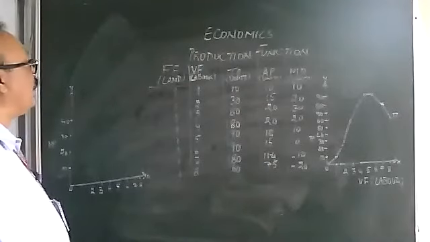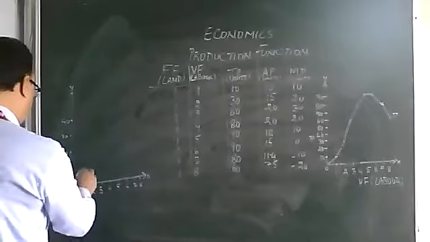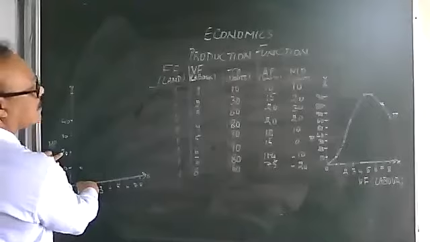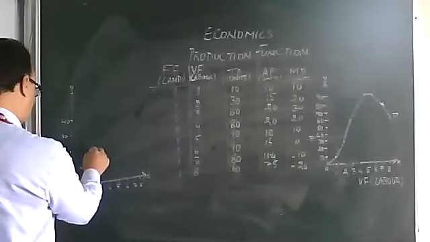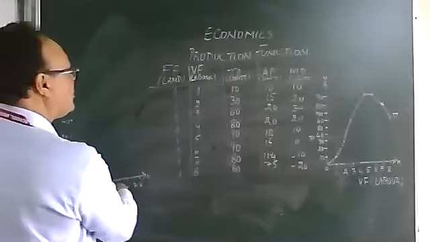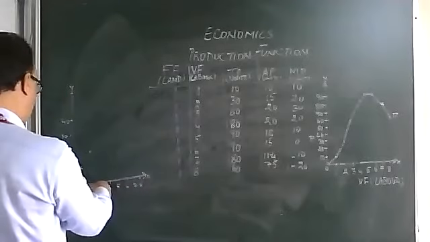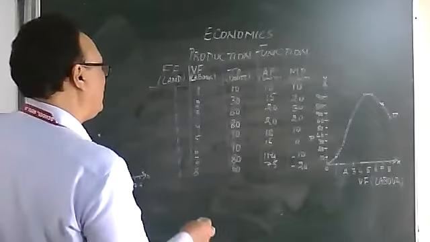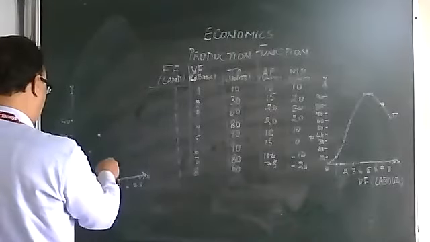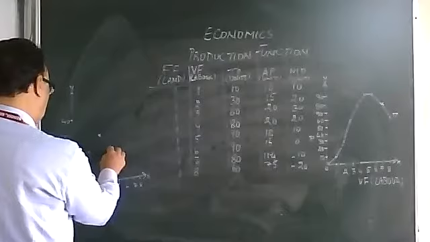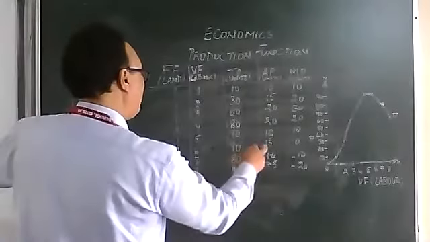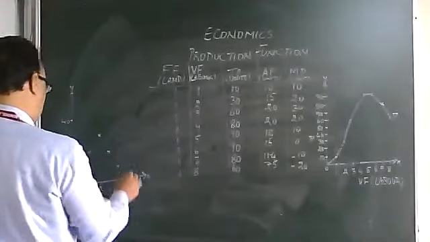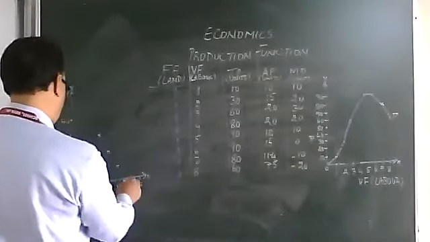When labor is 1, MP is 10. Labor is 2, my MP is 20. Labor is 3, 30. Labor is 4, 20. Labor is 5, 10. 6, 0.